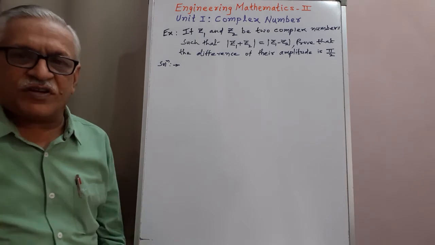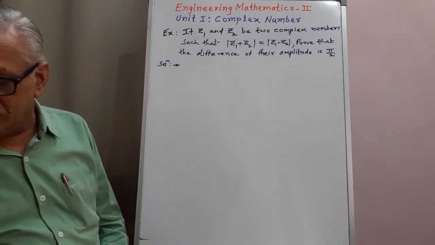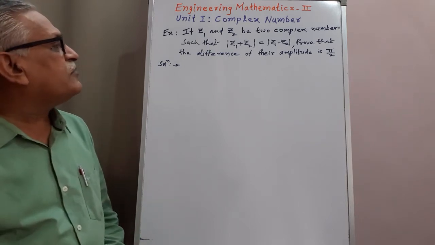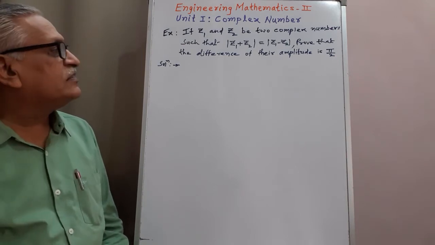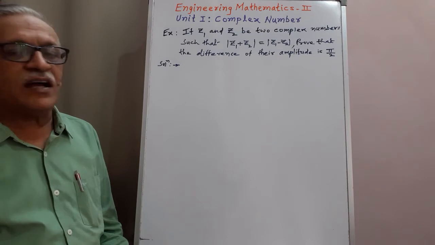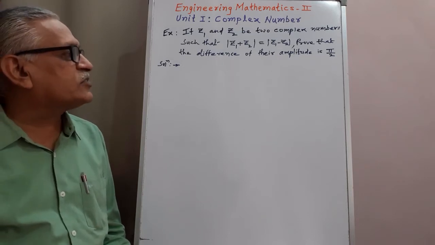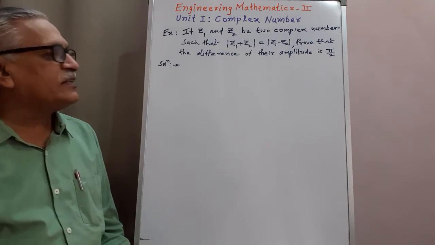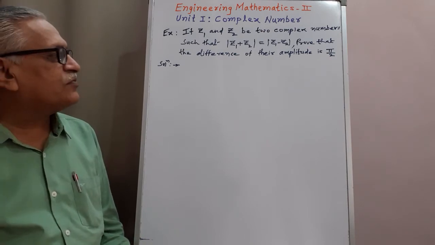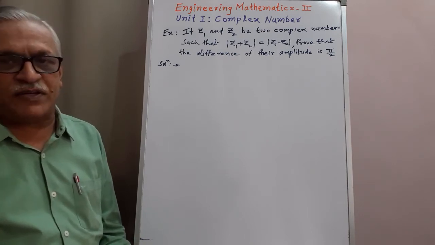Let us see one more example. If Z1 and Z2 be two complex numbers such that mod of Z1 plus Z2 is equal to mod of Z1 minus Z2, then prove that the difference of their amplitudes is pi by 2.